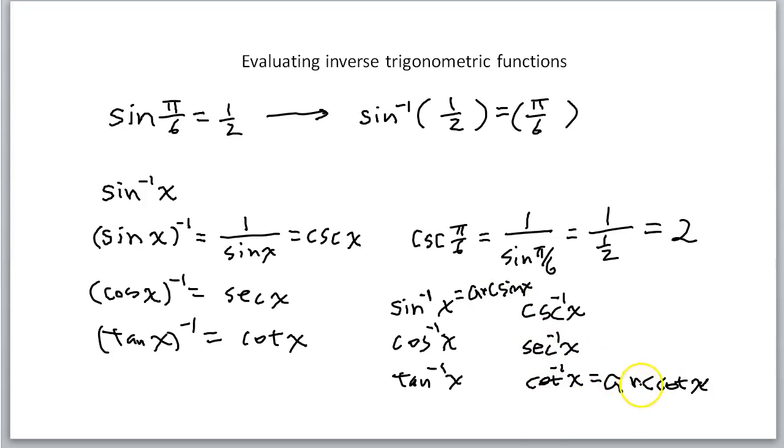Why are there these two different names? The reason for this is because sine inverse of x is somewhat deceptive. This is not really the inverse function of the sine function, but it's an inverse function of some restricted version of the sine x. So I'm going to explain that in the next slide as we find the value of the sine inverse. But that's why there are two different names.